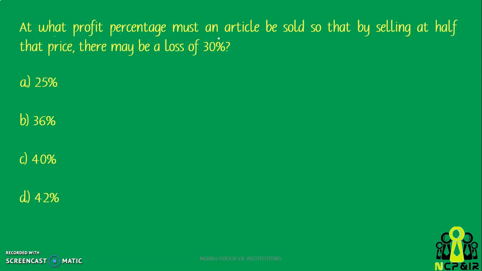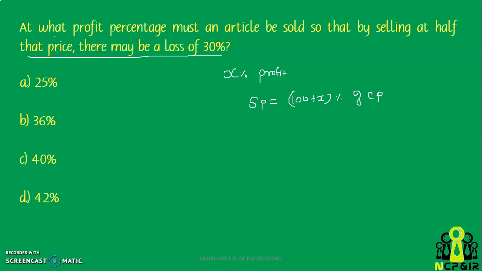At what profit percentage must an article be sold so that by selling at half of that price there may be a loss of 30%? Now here, let us assume I'm going to sell an article at X percentage profit. Then selling price is equal to 100 plus X percentage of cost price.